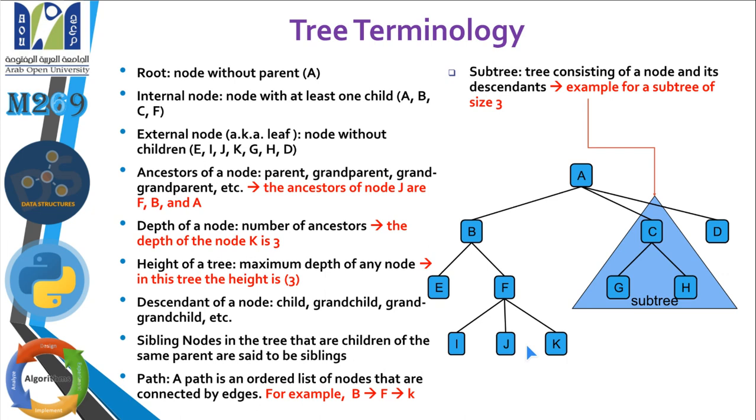Okay, the descendants of a node are the child and the grandchild and the great-grandchild until you reach the leaf. So the descendants are the opposite of the ancestors. Here, for example, the descendant of F is J. The descendants of B are F and J, and so on. So this is how we find the descendants of any node.